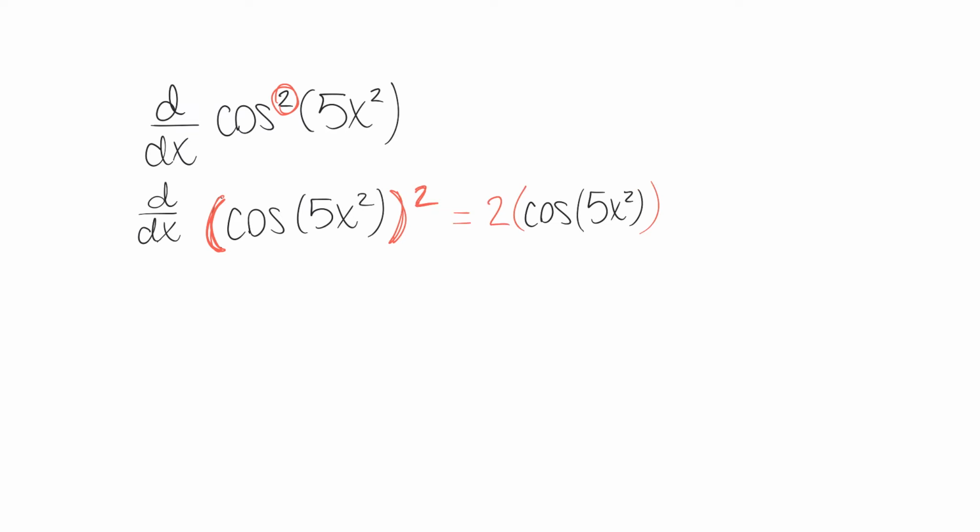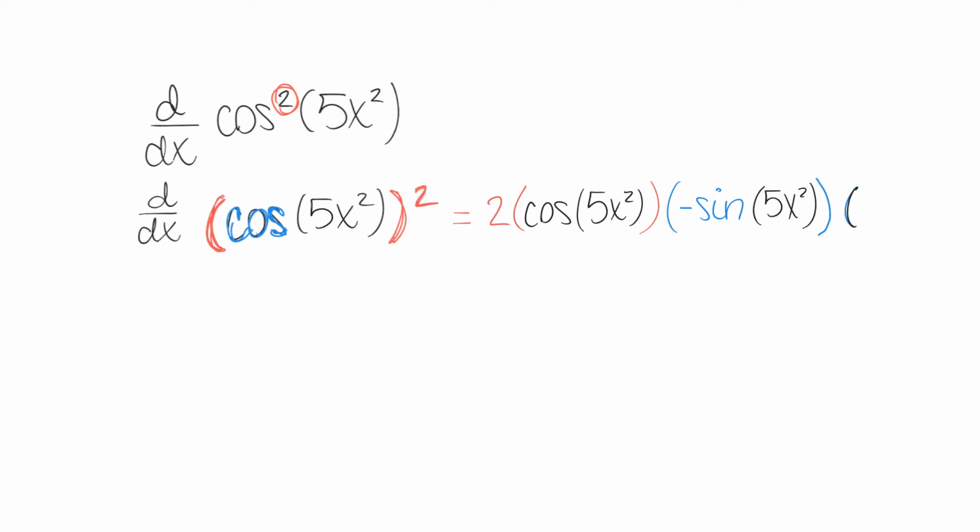Now we're going to take the derivative of cosine. What is the derivative of cosine? The derivative of cosine is negative sine 5x squared. And then lastly, we need to take the derivative of the 5x squared, which of course is just 10x.